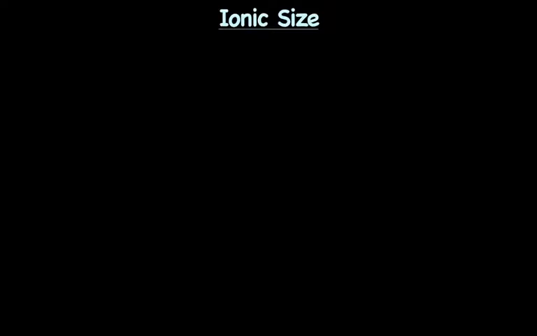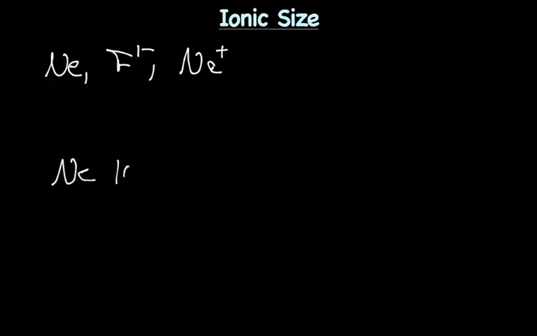Okay, here's something interesting to think about as well. Let's take neon and two ions that are isoelectronic with neon. We'll take fluorine and sodium. Let's try to rank those by size. So neon has 10 protons and 10 electrons.